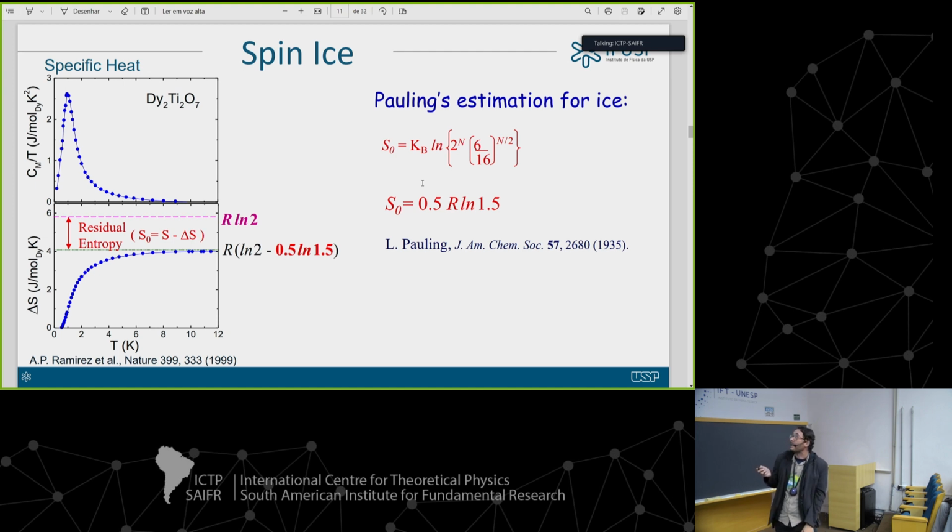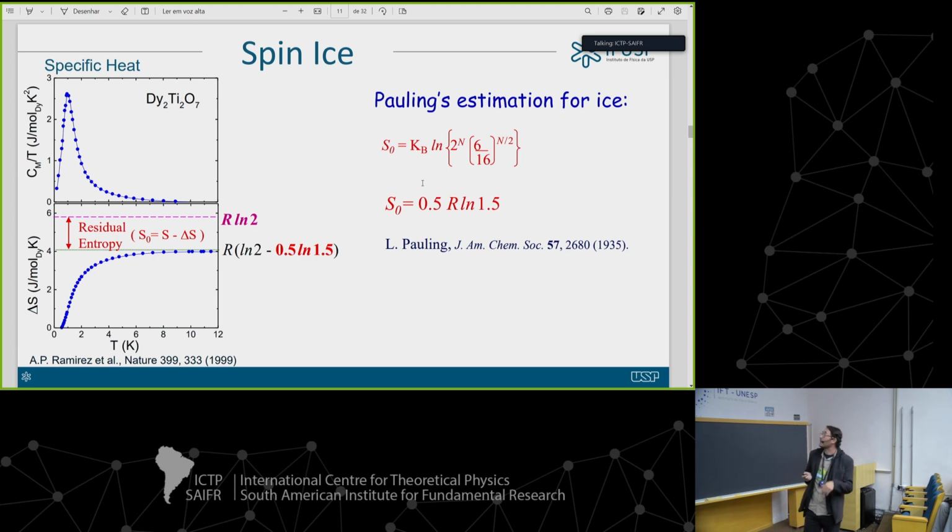You know that at high temperature, you have an Ising system for the dysprosium and holmium, so you expect two states. So at high temperature, the entropy should be R ln 2. And then you measure the variation of the entropy by integrating the specific heat, the magnetic contribution to the specific heat over T. That's what I'm showing here. And when you do that, if you subtract R ln 2, this number here would be the entropy at very low temperatures associated with this system.